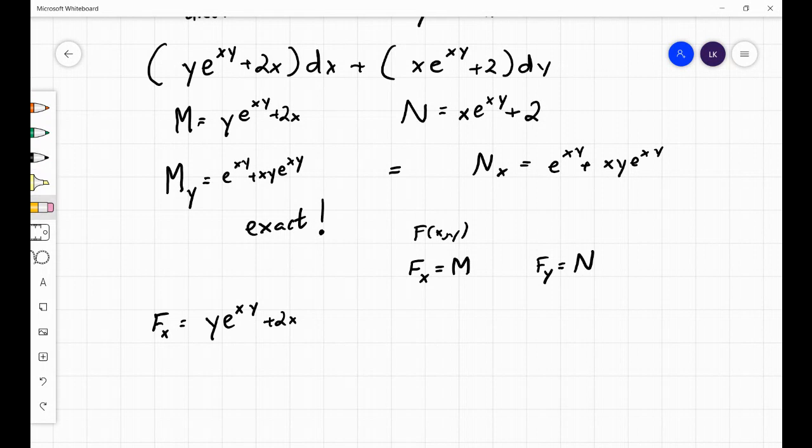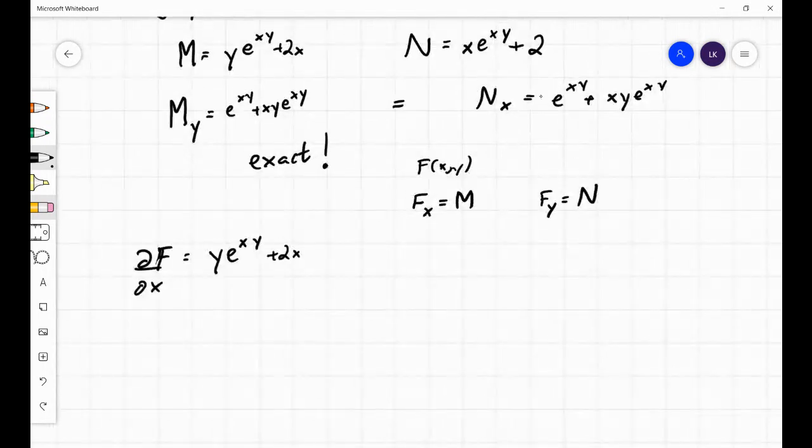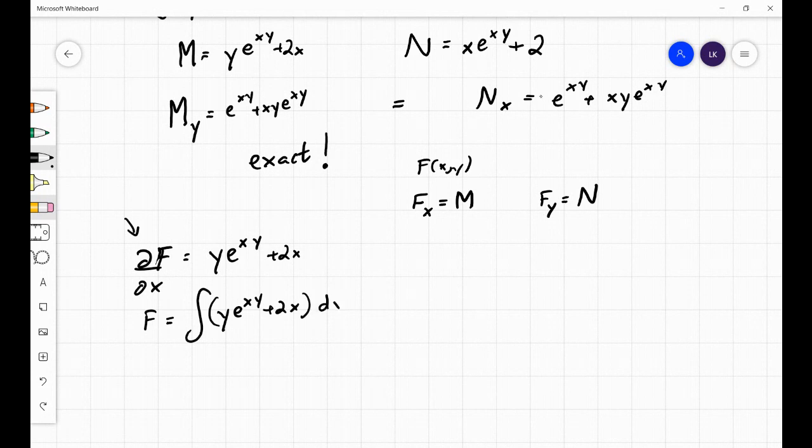So maybe I'll write it in a different way. So the idea is that we want to undo this partial derivative of f with respect to x by anti-differentiating with respect to x. So just find the antiderivative. And here we're treating x and y as independent variables.